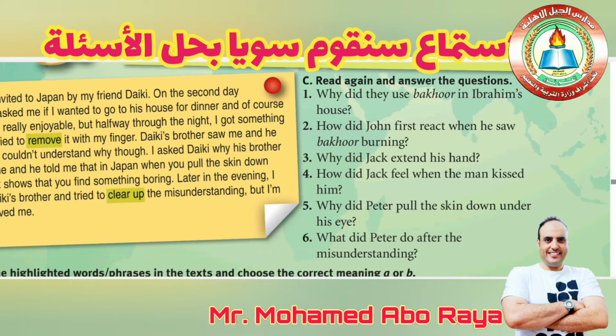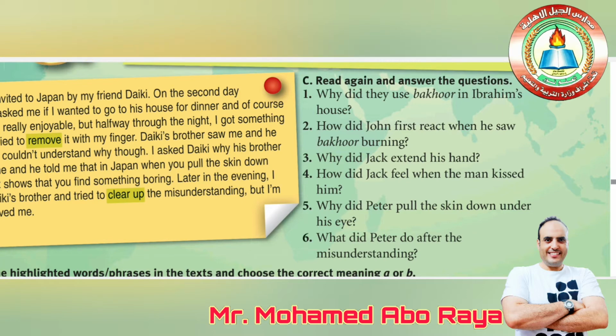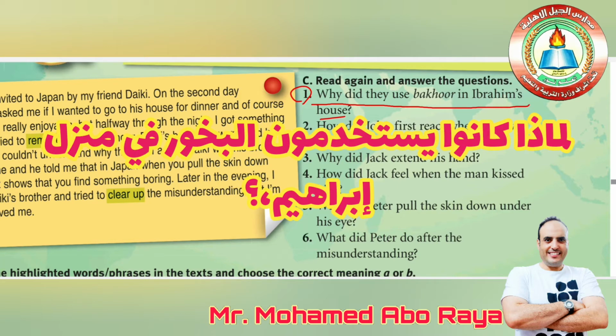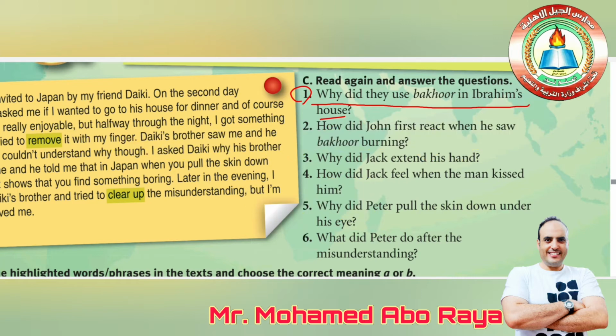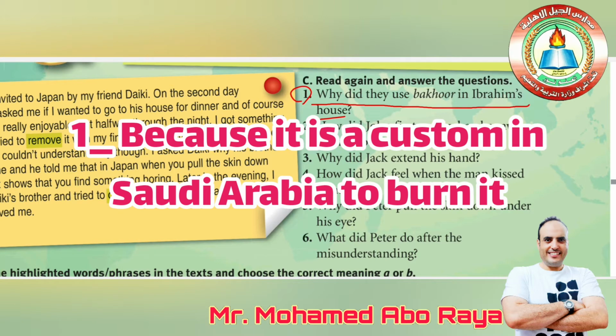Now, after listening, we will answer the questions. C. Read again and answer the questions. Number 1. Why did they use bukhur in Ibrahim's house? Yes, because it is a custom in Saudi Arabia to burn it to create a pleasant atmosphere in houses.